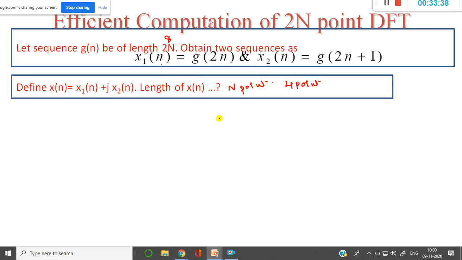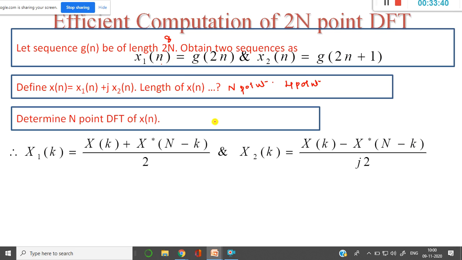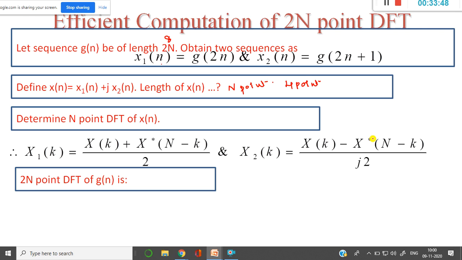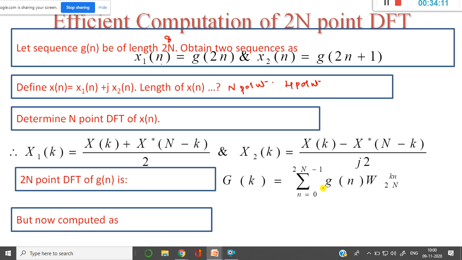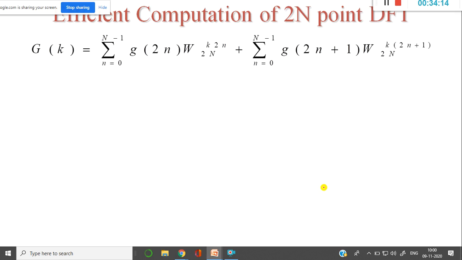Now obtain the DFT of this. So that's very simple and straightforward. Already you did it. x1 of k is obtained using this formula, x2 of k using this formula. And once again, the point is, how do you obtain the g of n values? This is very important here. G of n, to obtain g of k: G of k is equal to the summation, n running from 0 to 2n minus 1, g of n W to the power of nk.